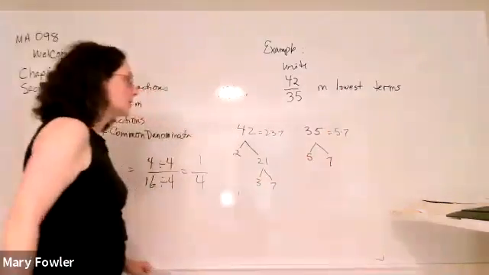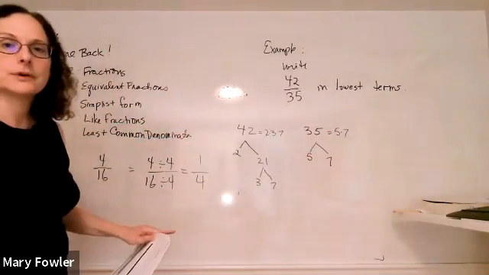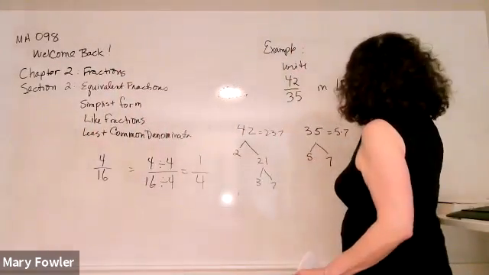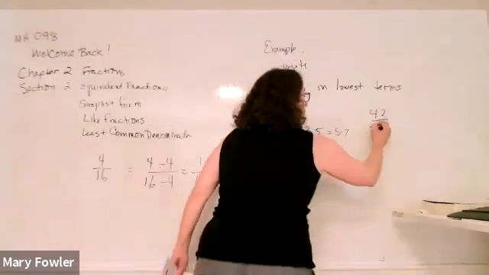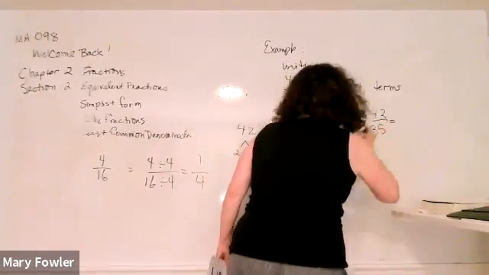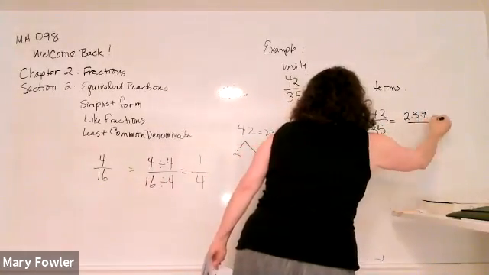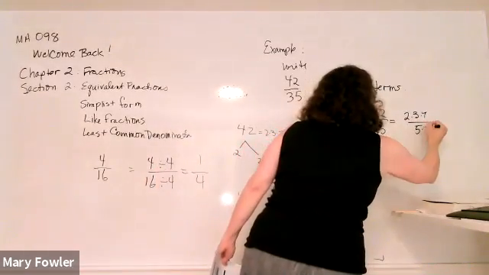Okay. So we're going to go ahead and rewrite 42 over 35 in its prime factorization. So 42 over 35 is equal to 2 times 3 times 7 in the numerator, and the denominator is 5 times 7.